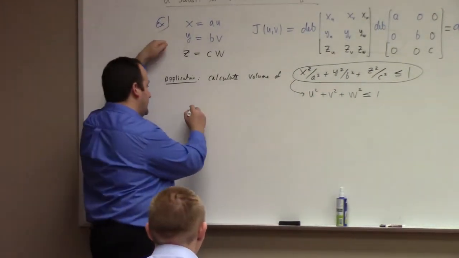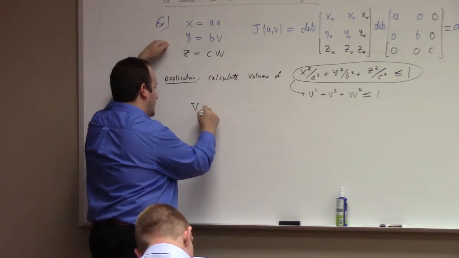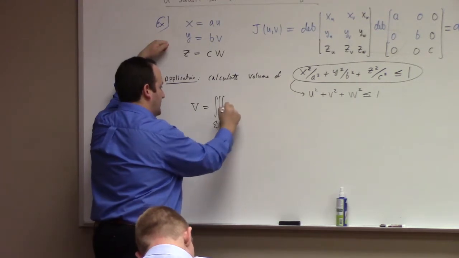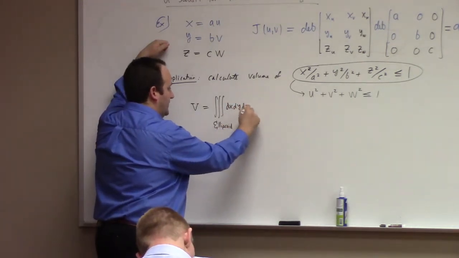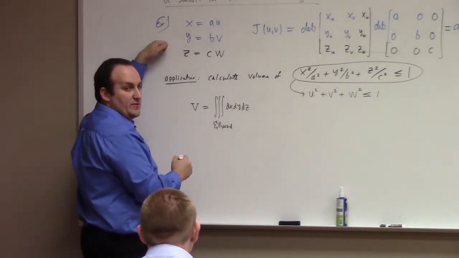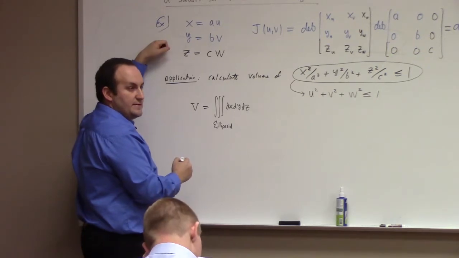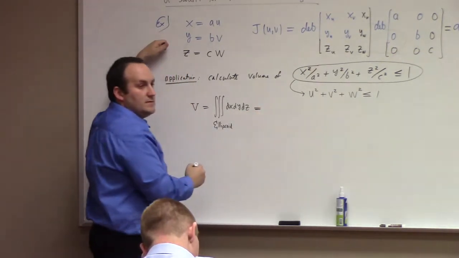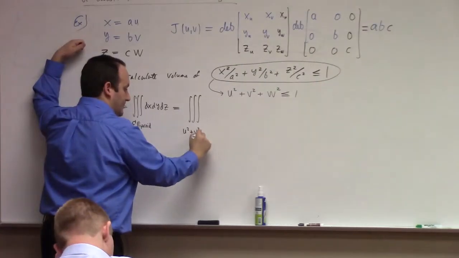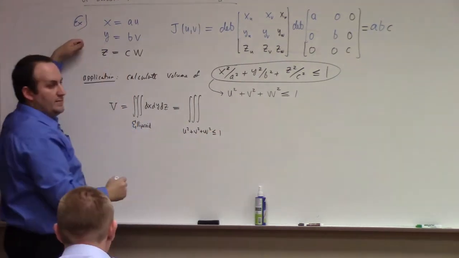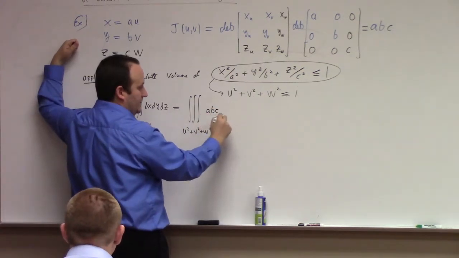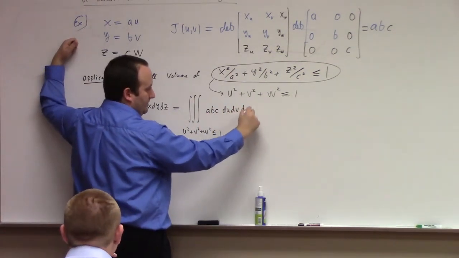So I can calculate the volume of the ellipsoid in terms of dx, dy, dz. I mean, you're welcome to do that if you want to. It involves a genuinely triple integral and square roots. It's quite unpleasant. Or you can do a substitution that takes you to the unit sphere. And the Jacobian determinant is what here? It's abc du dv dw.